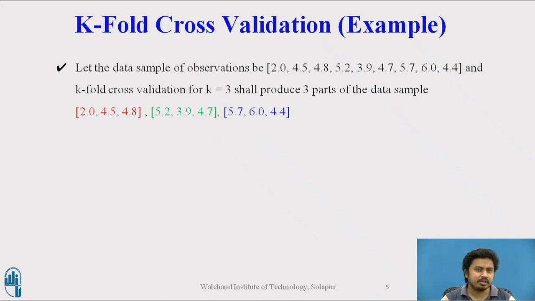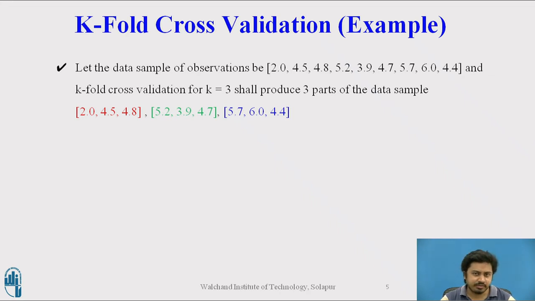Now if you look at these partitions, there is no shuffling. It means that this is a split without shuffling. Had I used shuffling here, the sequence of values in these parts could have been different. But this is a specific example of splitting the sample data set into parts, and that too without any shuffling.